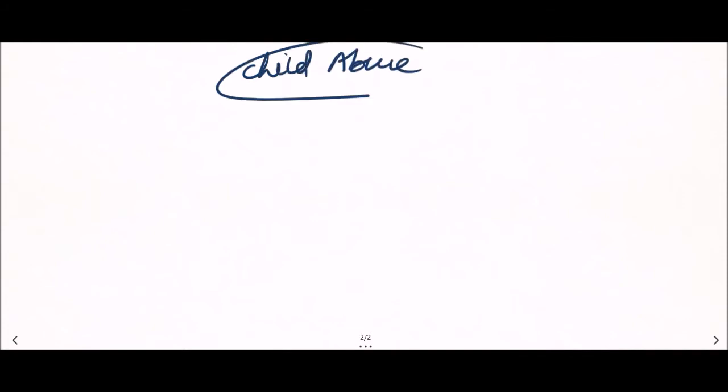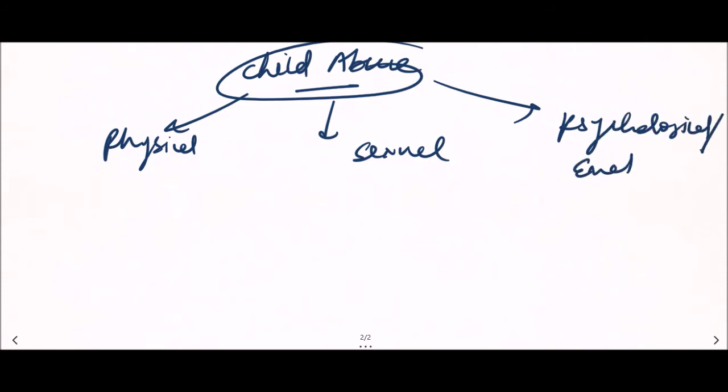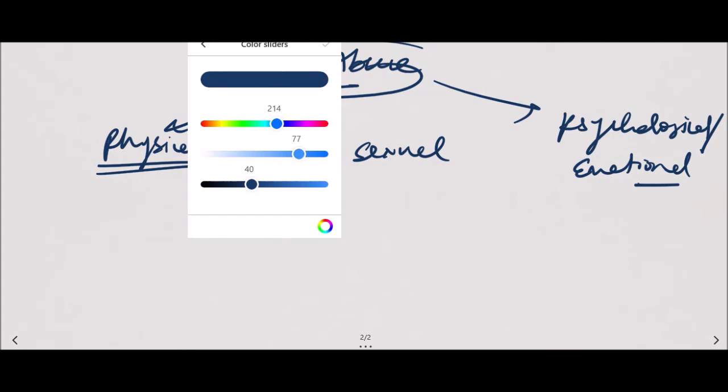Child abuse can be physical child abuse, it can be sexual child abuse, it can be psychological or emotional child abuse.